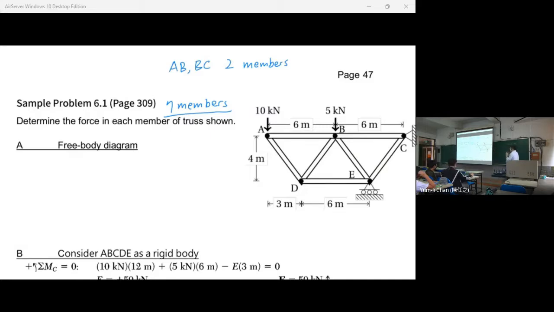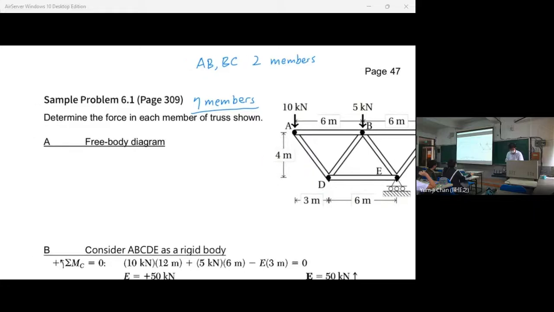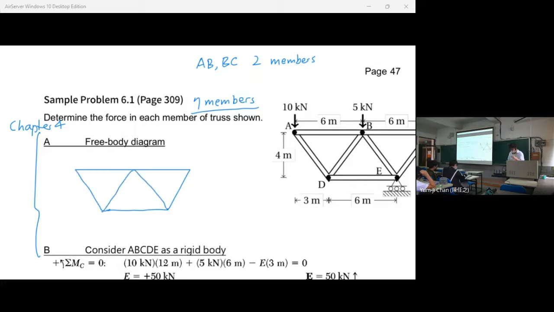Now we have the free body diagram. We first draw the free body diagram of the whole truss, as in chapter 4. So you draw a free body diagram of A, B, C, D, E, and then we have the forces, and of course the dimensions.